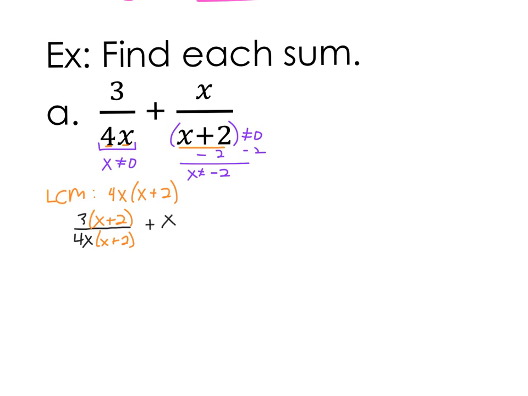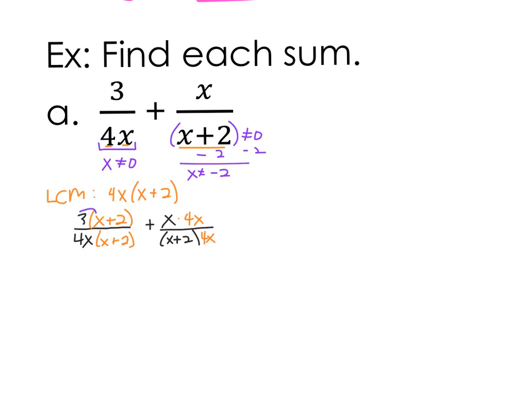It has x, and I already have the x plus 2. But now we're missing the 4 times x, our number and our monomial, which means I have to multiply that on the bottom and multiply that on the top. Okay? We're still in the converting section. So what I'm going to do now is take my numerators and simplify them.